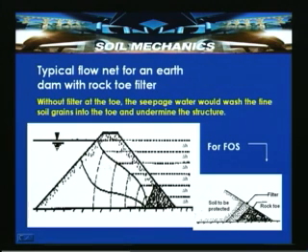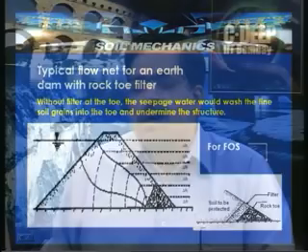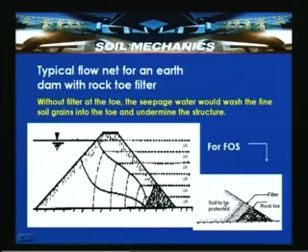Here in this slide, a rock toe is shown, and this particular zone is constructed with a highly permeable material, which has criteria for selection so that the soil to be protected does not undermine the performance of the structure.